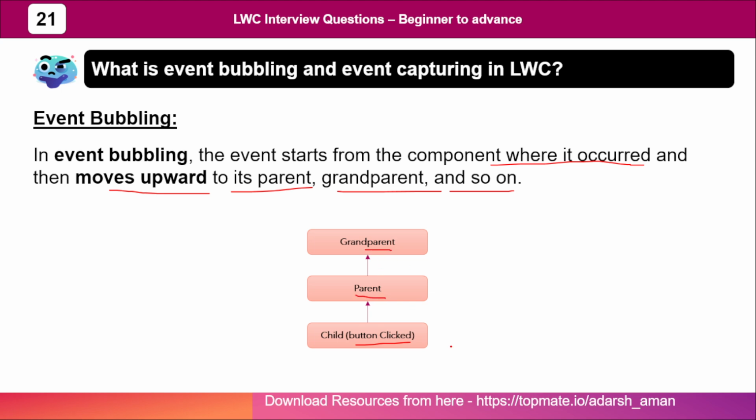I'm not talking specifically about LWC, but what event bubbling is in general. So whenever the child button is clicked, the event travels upward from child to grandparent, and it allows the parent and grandparent to handle that event, right?